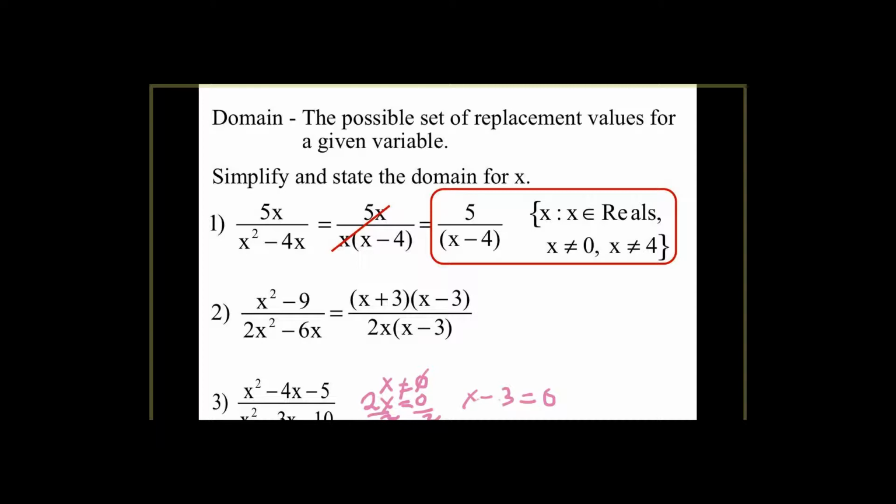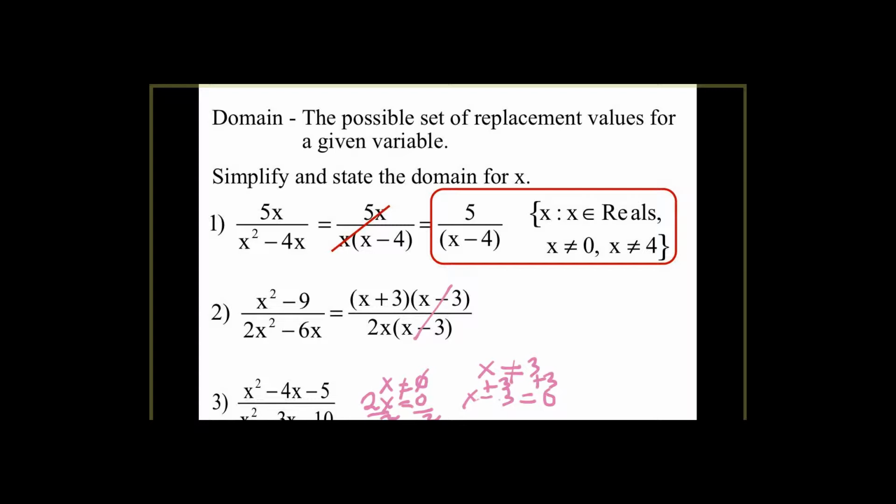Here I'm adding 3, and I find that x cannot equal 3. So the domain is x is such that x is an element of the reals, and x cannot equal 3 or 0. But now it's time to simplify.